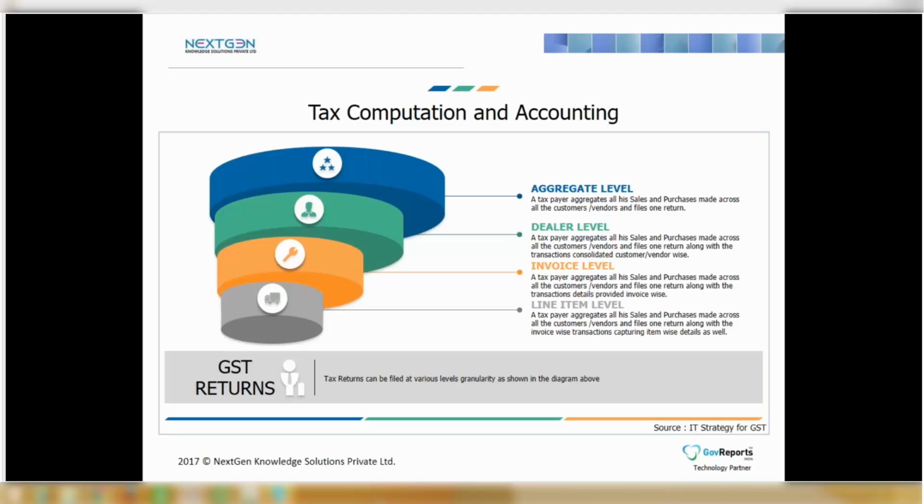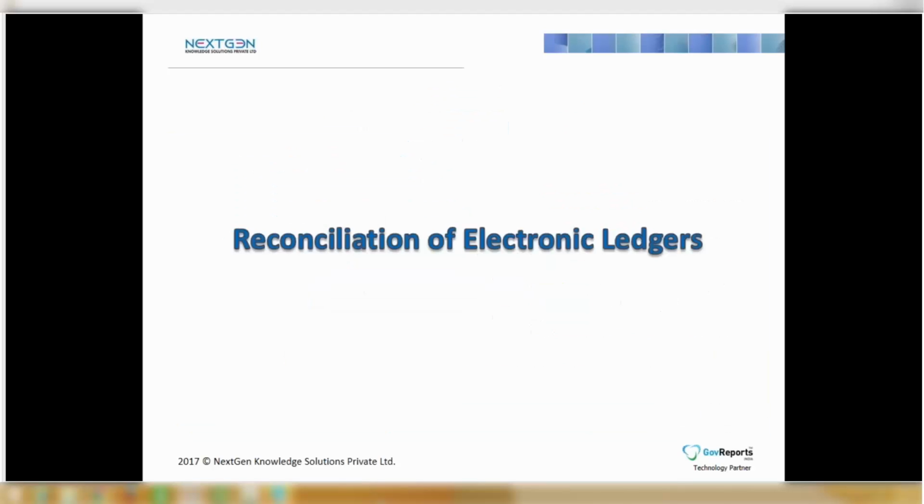Presently it is being matched at invoice level. But in future, when the system has the capability, this can come down to matching of invoice level data at line item level. Now, I hope I am able to make it clear which data is uploaded at GST portal and what kind of matching can happen at GST portal.